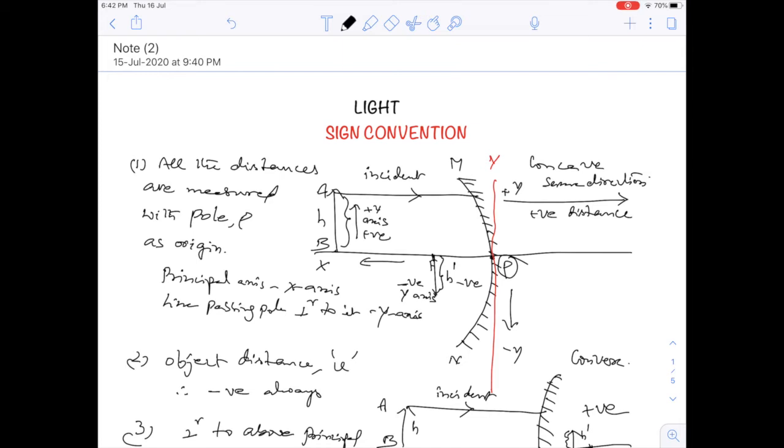So, from the origin towards the right is positive, and towards the left is negative. This is left to right, the direction of incidence, and if the measurement is in the direction of the incident light, that is a positive distance.